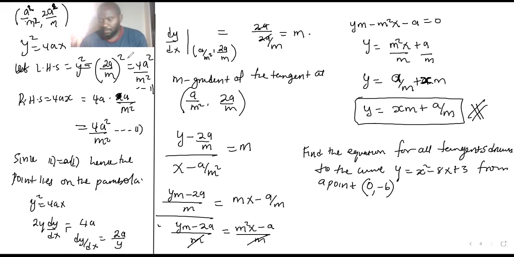Read the question. They are saying to find the equation for all tangents drawn to the curve y is equal to x squared minus 8x plus 3 from a point 6, negative 6. Now, there's a reason why I wanted you to read that question.